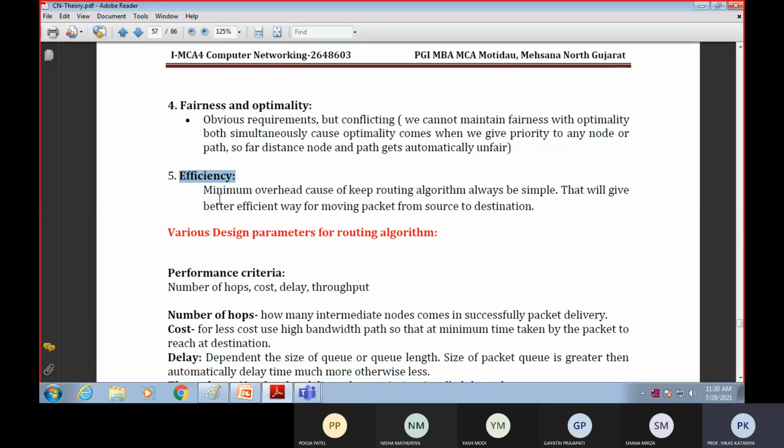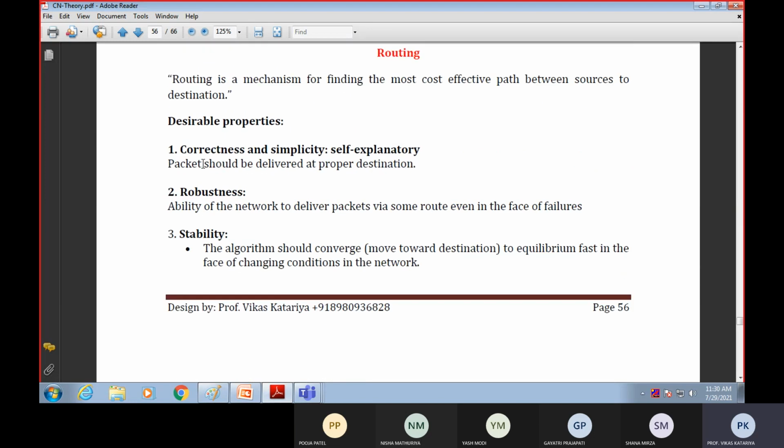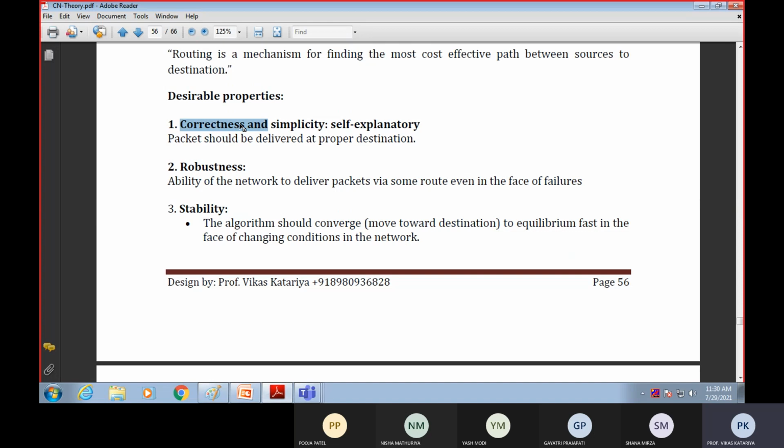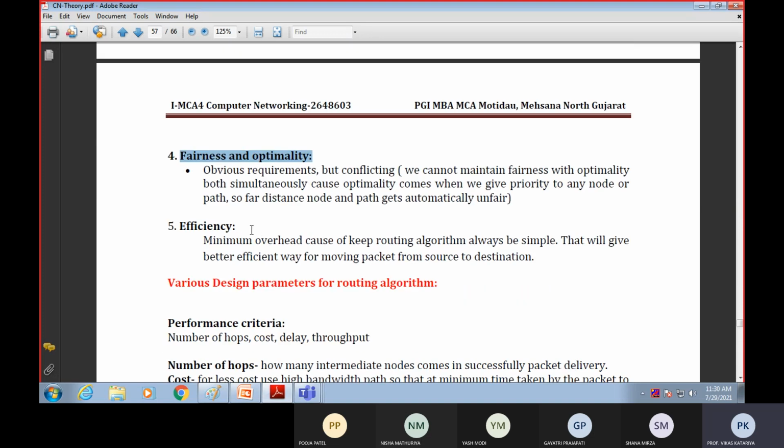So we can say these algorithms are efficient. So these are some desirable properties of routing algorithms which we want to achieve. First is correctness and simplicity. Second is robustness. Third is stability. Fourth one is fairness and optimality. Fifth one is efficiency.